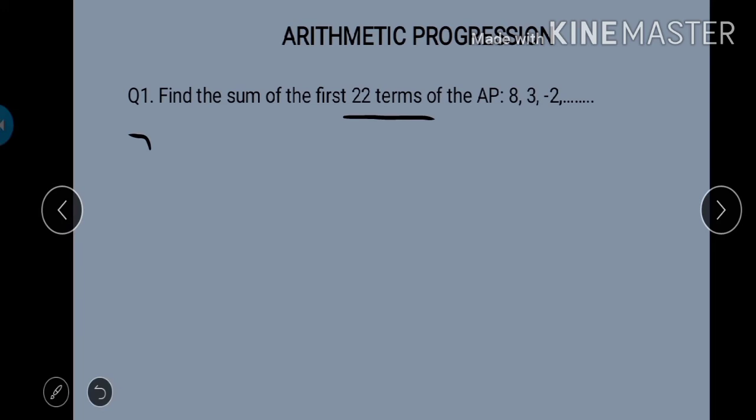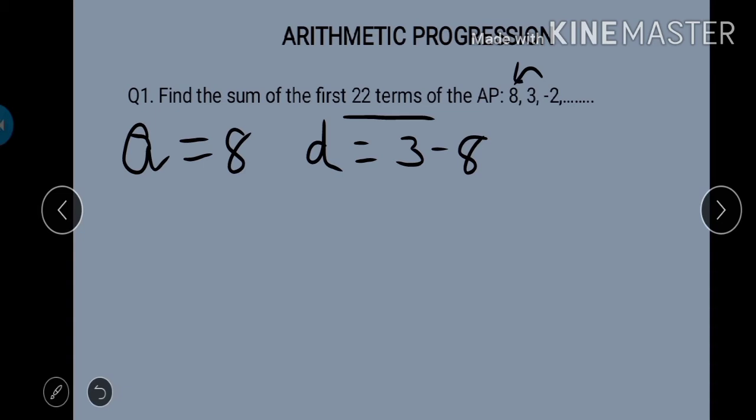I have a equal to 8. I have d equal to 3 minus 8, that is a2 minus a1, which is minus 5, and I have n equal to 22.